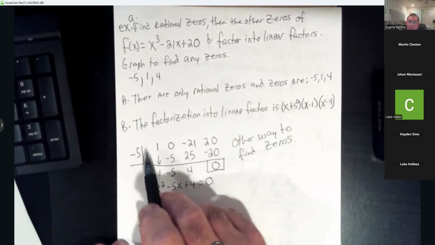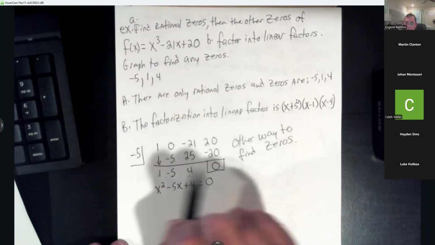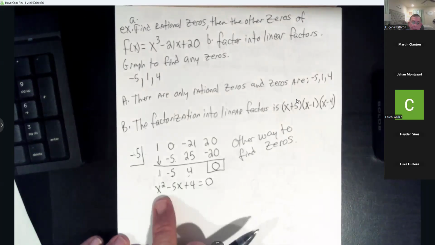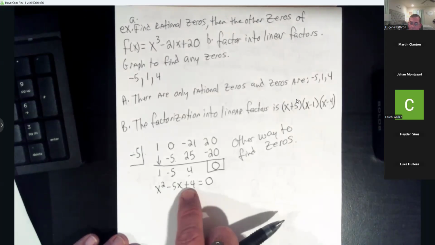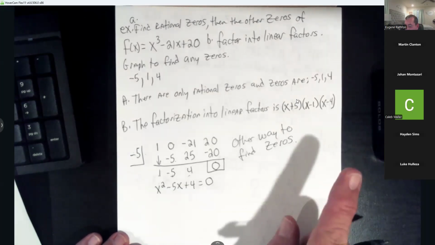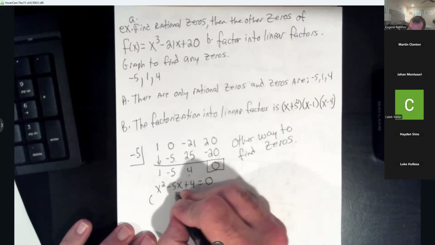But y'all, you got to use the graph to at least get one of these 3 numbers before you can do this. All right, y'all, so at this point, you can do the quadratic formula. 1, -5, 4. You can't do the square root on this one because you got the x in the middle. But y'all, this one will factor pretty nice.